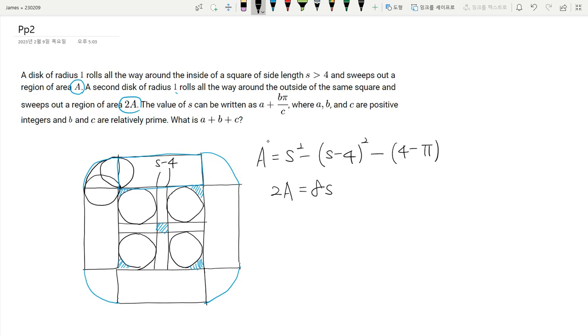And the circle's area is 4 pi because the radius is 2. So that means if we divide the second equation by 2, that's equal to the area from the first equation.